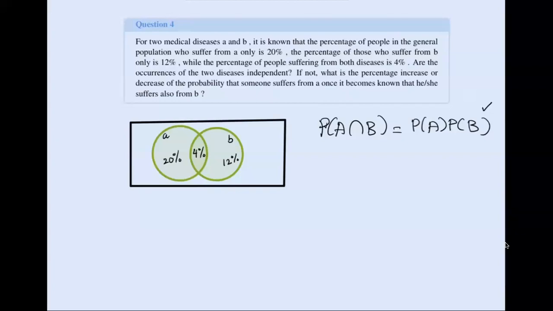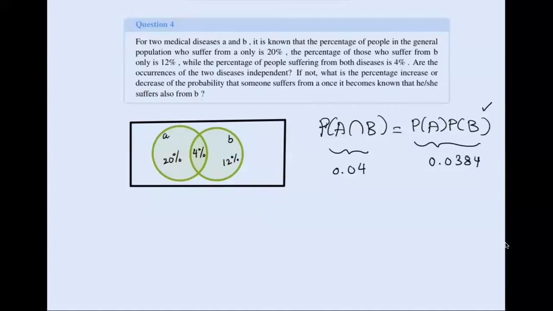But if they are not equal, then having the two diseases is not independent. So the students say that they got the probability of A times the probability of B is 0.0384, and the intersection is 0.04. Hopefully the number is right because I didn't calculate.